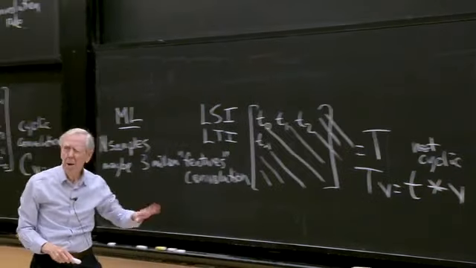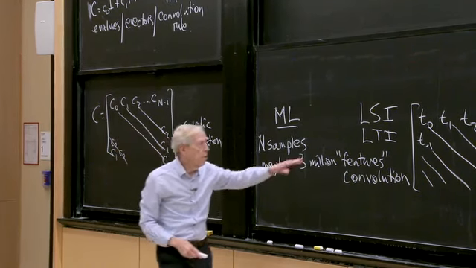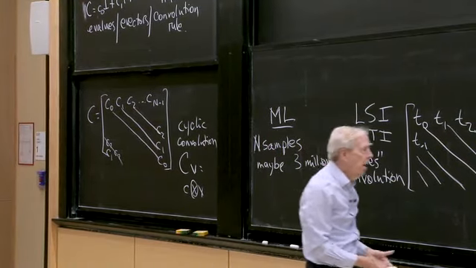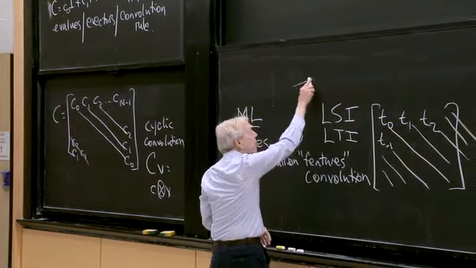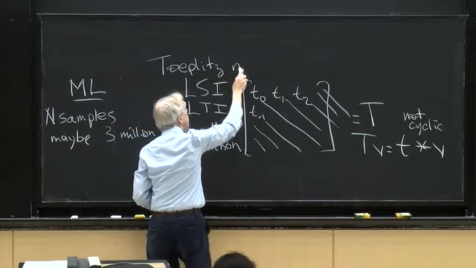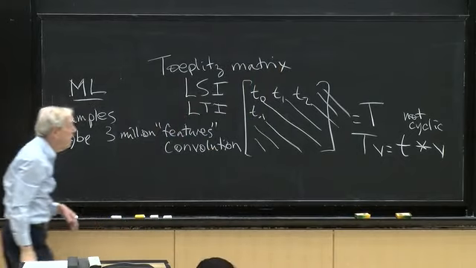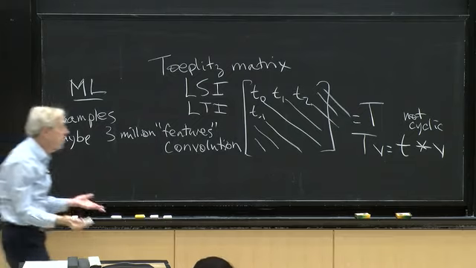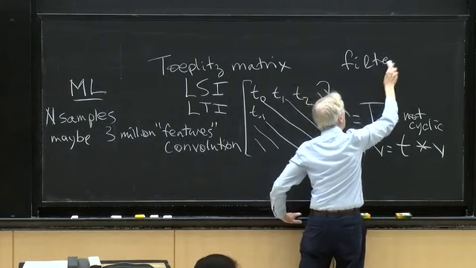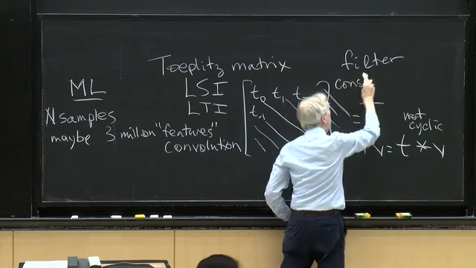And probably these are the ones that would actually come into machine learning. Linear shift invariant, linear time invariant. Math people would call it a Toeplitz matrix, that's why I used the letter T. In engineering, it would be a filter or a convolution or a constant diagonal matrix.